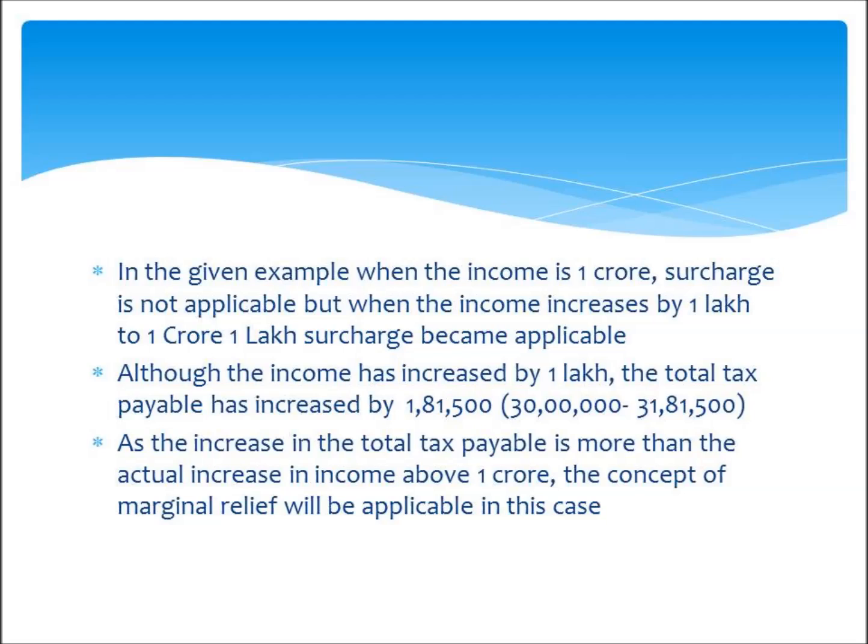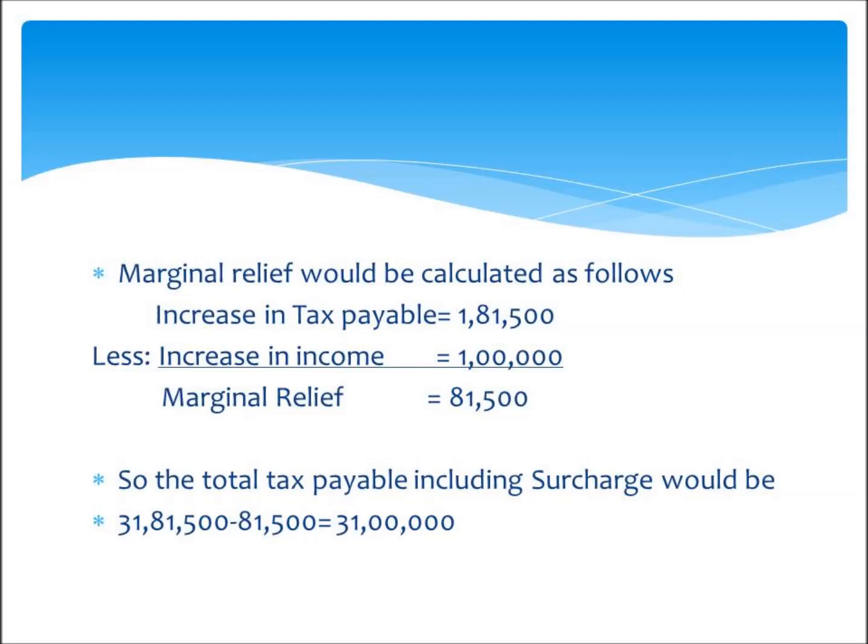So what will be the total tax payable after the application of marginal relief? The marginal relief will be calculated as follows: the increase in tax payable is 1,81,500 and the increase in income above 1 crore is 1 lakh. So the difference of both is 81,500. This is our marginal relief.